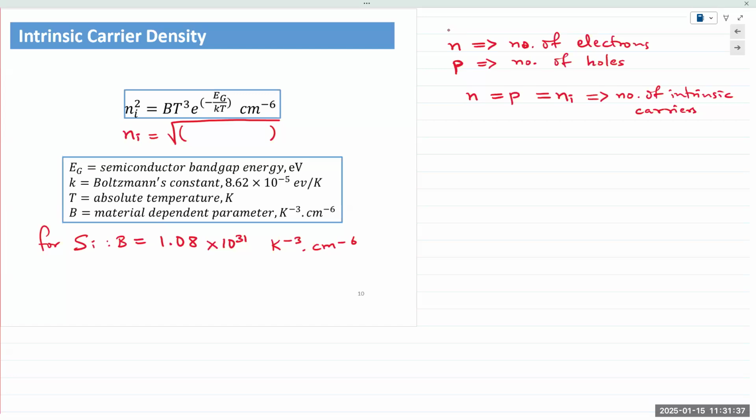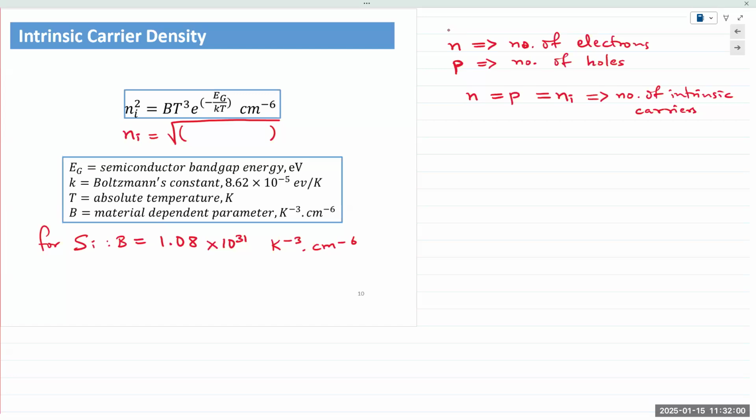I might simply ask you, what are the number of electrons in there? What are the number of holes that are generated? So the question being asked is, would Ni be the sum of N and P?